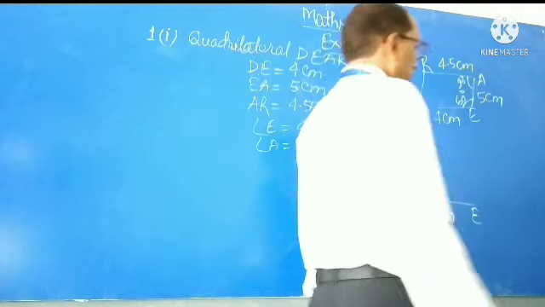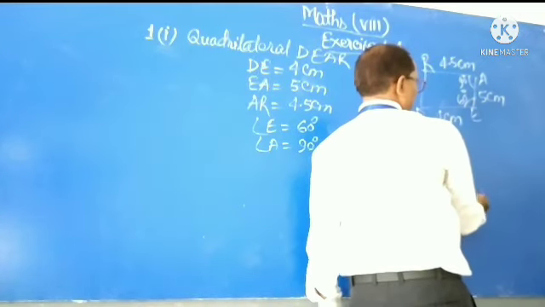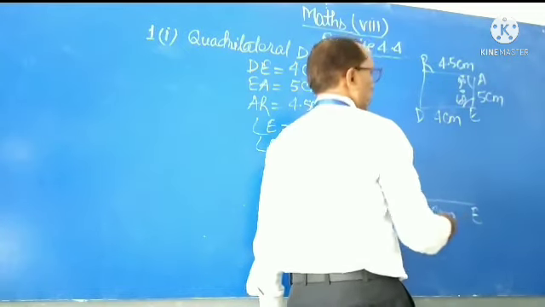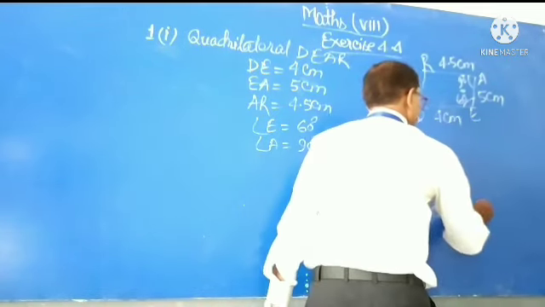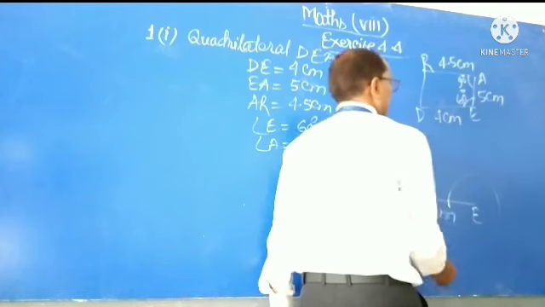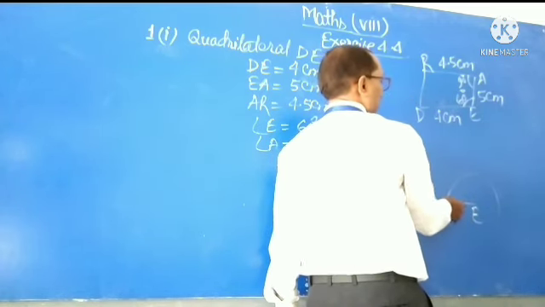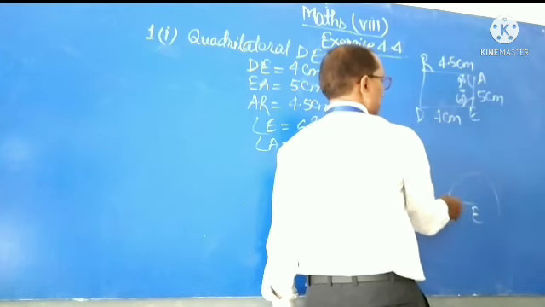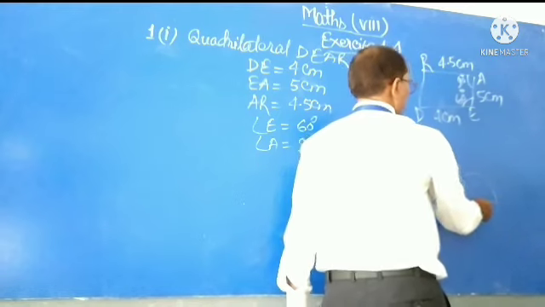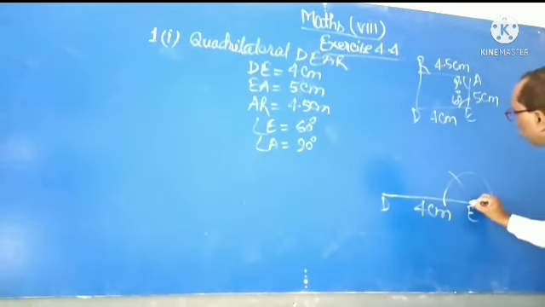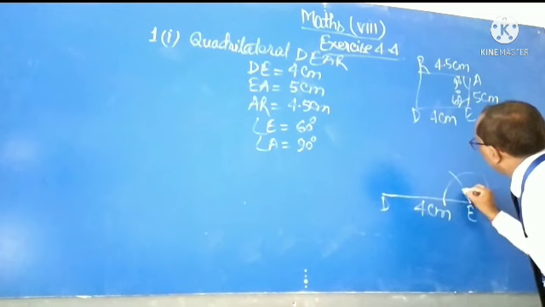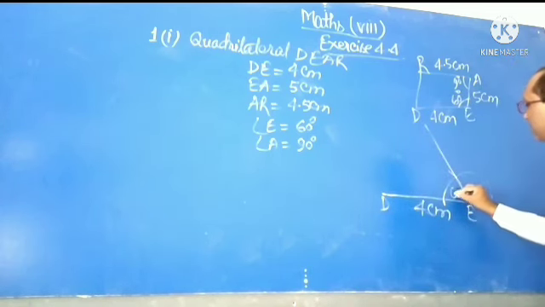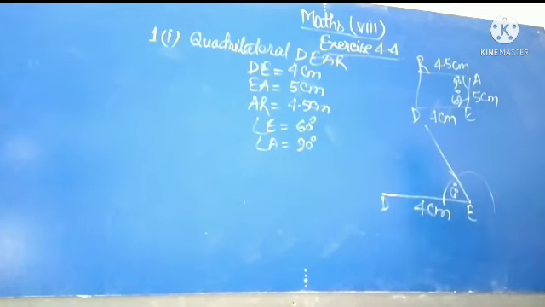Then you draw 60 degree angle at point E. For this, you take any distance in your compass and draw an arc with center E. Then you cut from this arc, from this intersection point, you get 60 degree angle. You join this point and the cut point and you get 60 degree angle at point E.